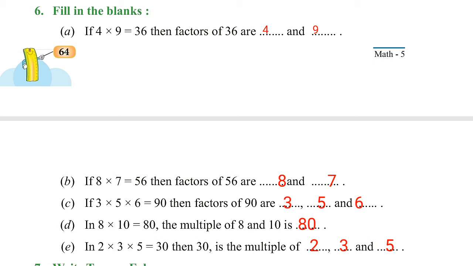If 8 into 10 is equal to 80, the multiple of 8 and 10 is 8 और 10 का multiple कौन है? 80. If 2 into 3 into 5 is equal to 30, then 30 is the multiple of 30 किसका multiple है? 2, 3 and 5. So these were the fill-ups.